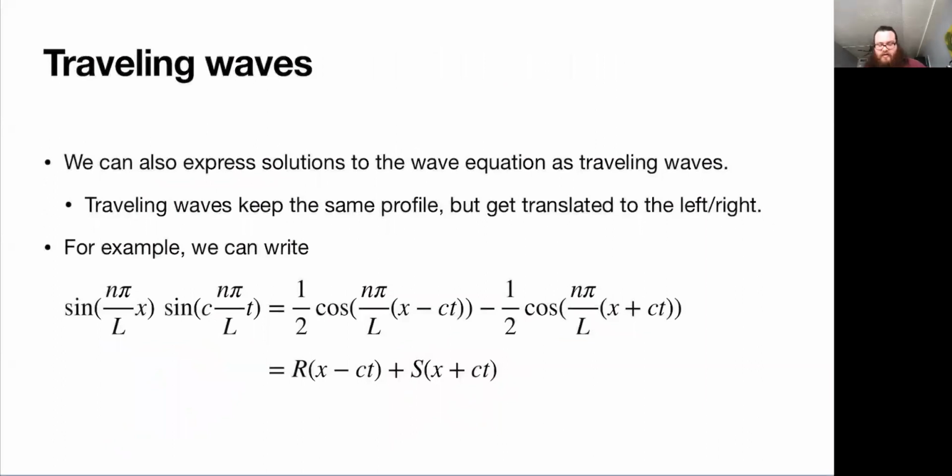And so the last thing that we're going to talk about is this interesting phenomenon that solutions to the wave equation have. In general, it turns out that solutions to the wave equation behave as a sum of two wave profiles that just get translated to the left and right.